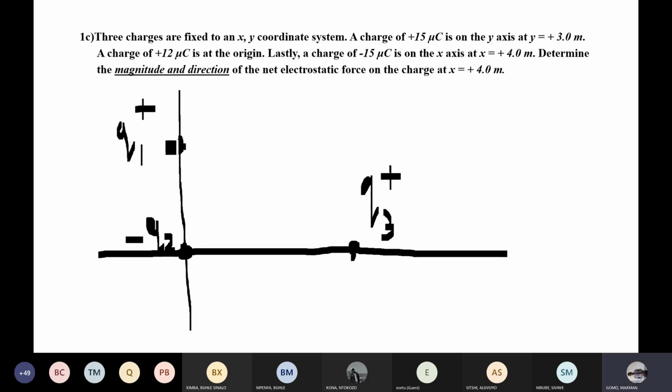Let's start with respect to particle number 1. Particle number 1 is positively charged, yes. So particle number 1 is going to force particle number 3 to repel like this. So here you are expecting to have the force, that we can say F, the effect of force 1 on force 3.